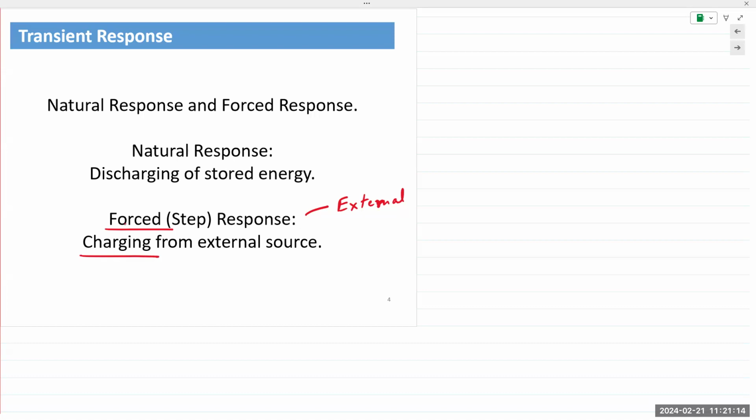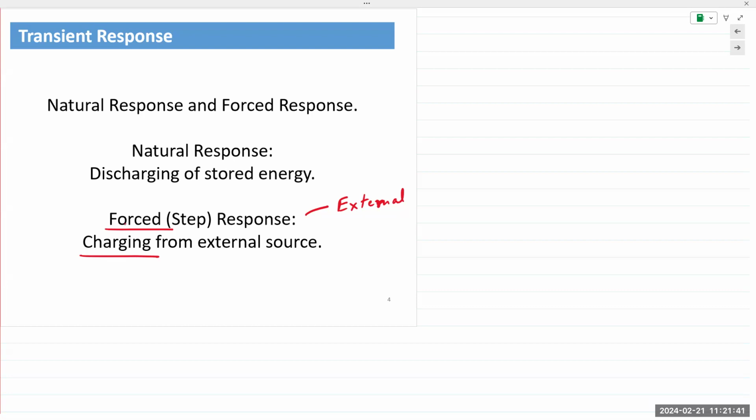Now, if you take a fully charged capacitor or a fully charged inductor and you remove it from the circuit, or the circuit changes or disconnects it from the source itself, and that capacitor or inductor starts discharging through a separate part of the circuit, then the response of the voltage or the current is inherent due to the stored energy. It is not due to the external application of an input.